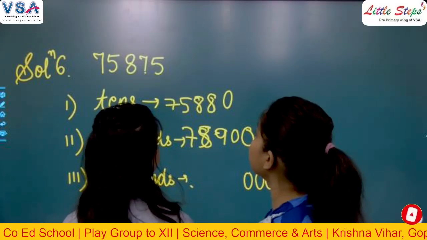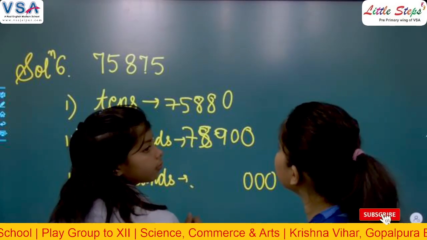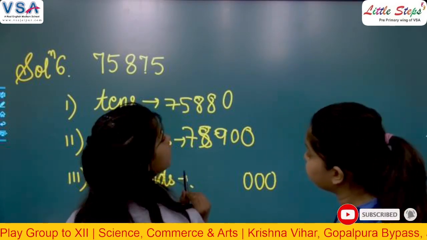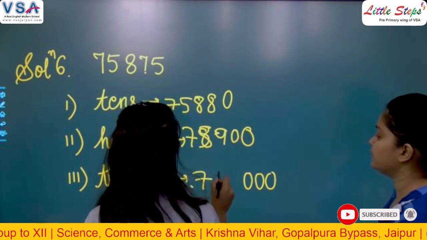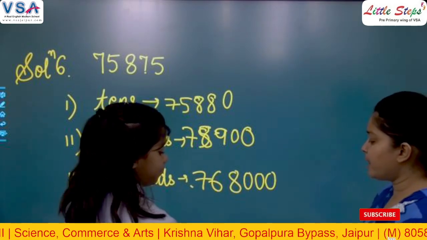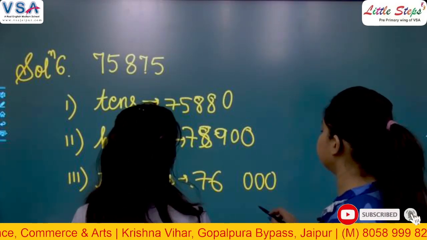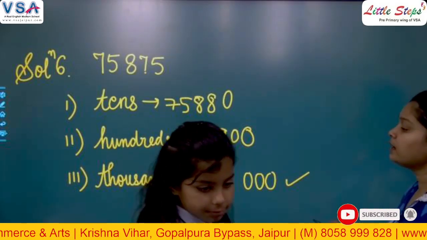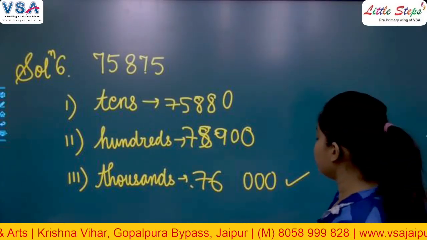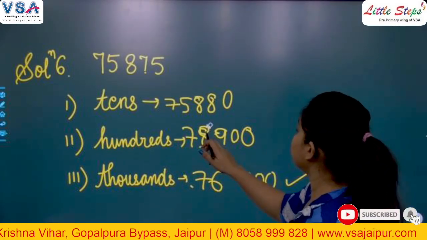In the place of 8, we have 8, which is a bigger one, then 75 will become 76,000. Okay, good, Dia. But why will 8 come now? 8 will not come. Sorry. Good dear. We have 76,000 and this is 75.